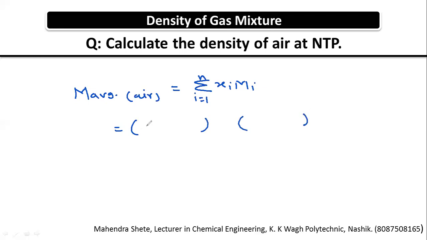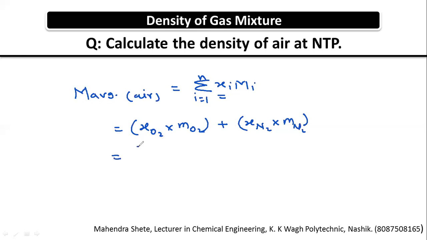a set of brackets. First we write the mole fraction of oxygen, x of O2 into molecular weight of O2, plus mole fraction of N2 into molecular weight of N2.